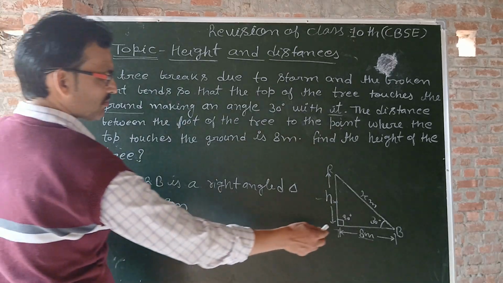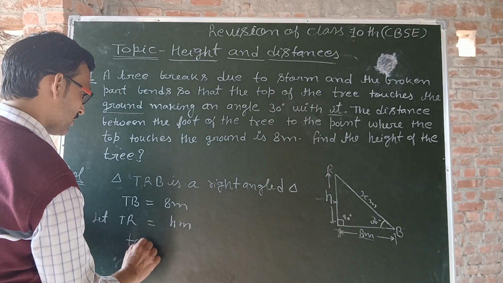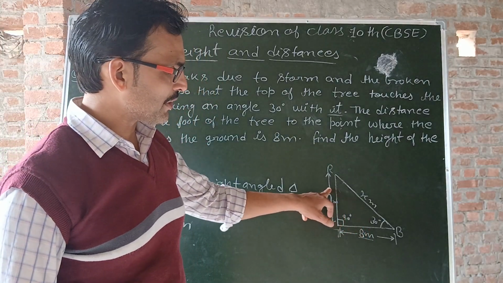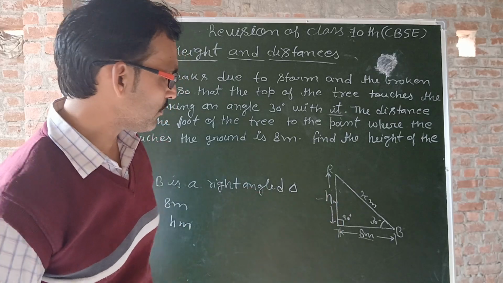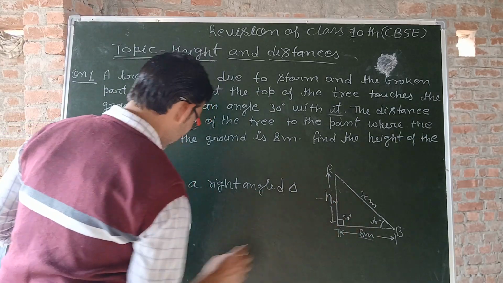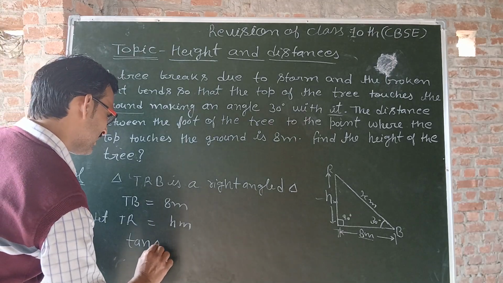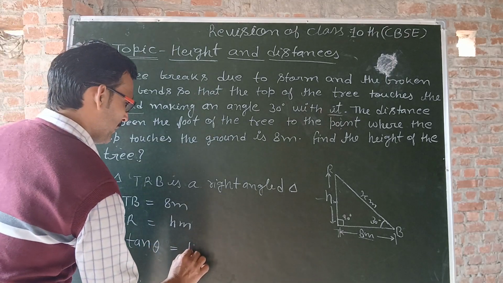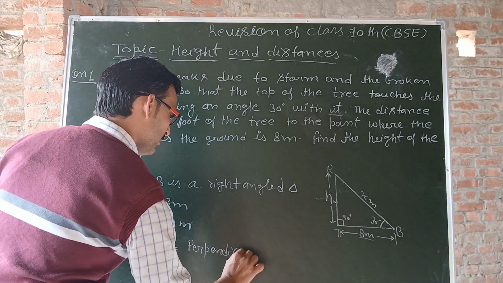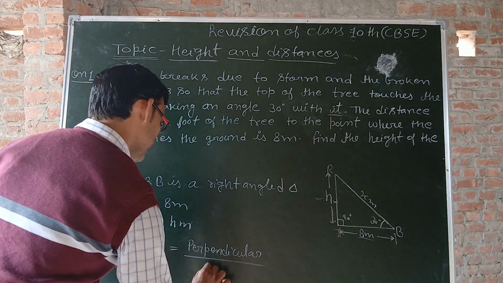So by using this we find this. So tan ratio shows perpendicular upon base. So we apply tan 30 degree, where theta is 30 degree. Or I will write first that tan theta equal to perpendicular upon base.